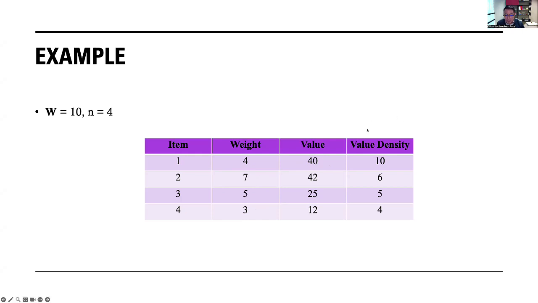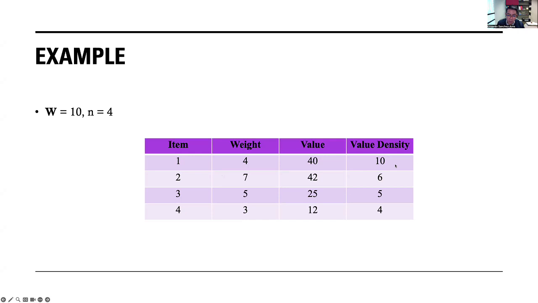And you may remember that we talked about this value density, which is just the division of the value and the weight. And it means basically how much every unit of weight is worth. So every kilogram in the item 1 is worth 10 pesos. And for the second one, every kilogram is worth 6 pesos, and so on.